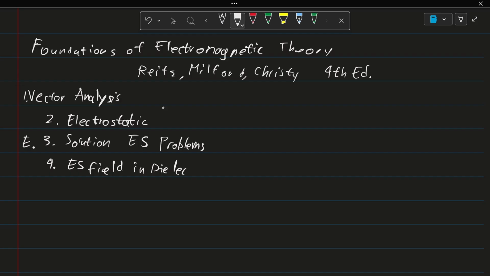So dielectrics are pretty much materials that hinder the movement of the electric field. And we'll later be discussing about the electrostatic field inside the dielectric, and also we'll be explaining about the theory, so the microscopic theory of dielectrics.